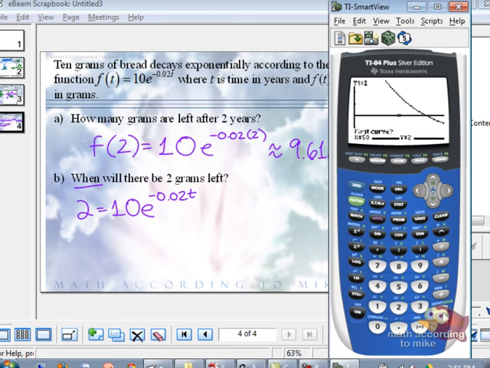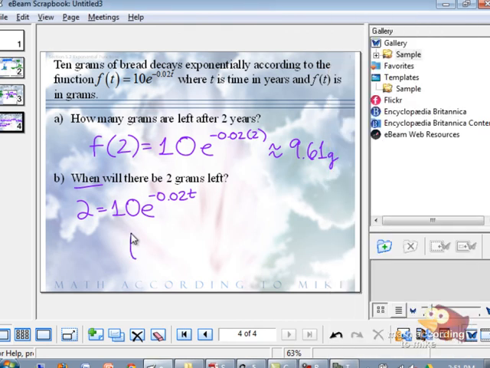The first curve, just hit Enter. Second curve, just hit Enter. And then it says Guess. So move your cursor to where they approximately intersect and hit Enter. So it looks to be about 80.47 years, there will be 2 grams left.